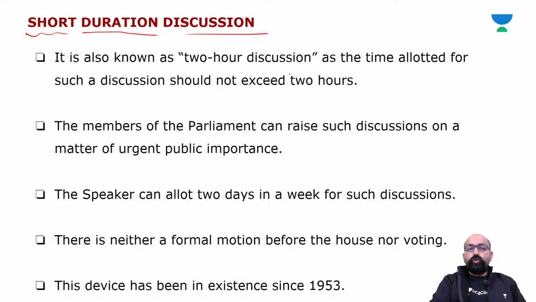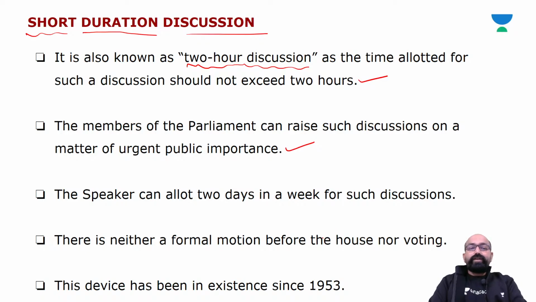So it is also known as the 2-hour discussion, as the time allotted for such discussion should not exceed 2 hours. The members of Parliament can raise such discussions on a matter of urgent public importance.